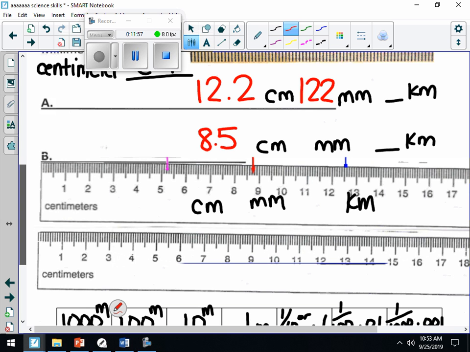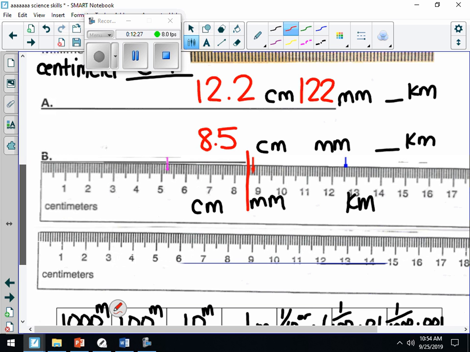1, 2, 3, 4, 5, 6, 7, 8, 10. 11, 12, 13, 14, 15, 16, 17, 20. 22, 23, 30, 40, 50, 60. How many millimeters? Right here, the line. I'm going to count them all with you. 10, 20, 30, 40, 50.